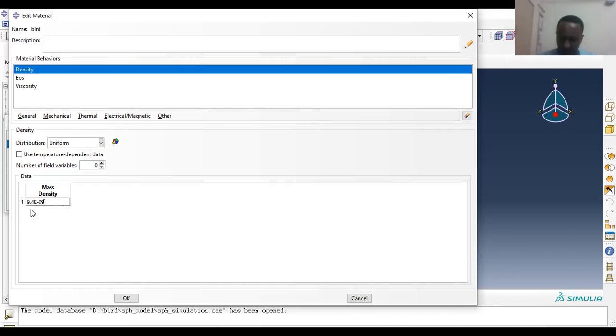So the unit here is ton per millimeter cube, and that is 9.4E-9.